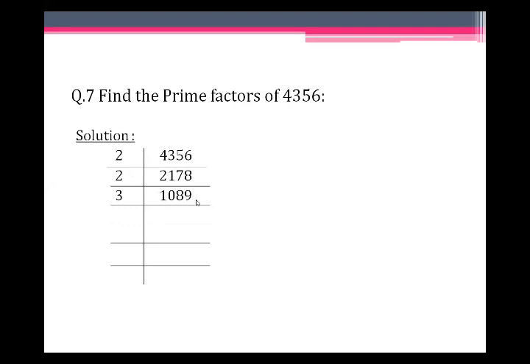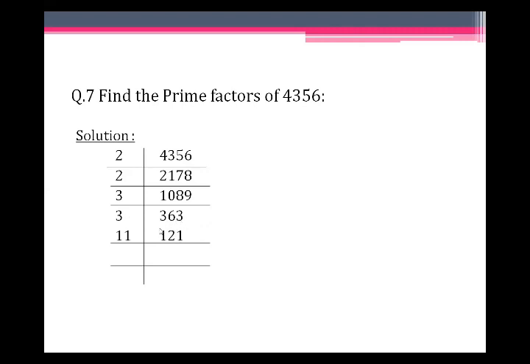Now the next one is 1089 divided by 3. So here we get 3 3s are 9, 1 is carry over 18, 3 6s are 18 and 3 3s are 9. Again this number is divided by 3. So we get 3 1s are 3, 3 2s are 6 and 3 1s are 3.